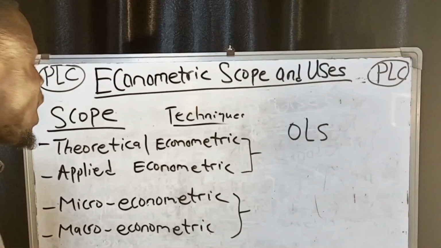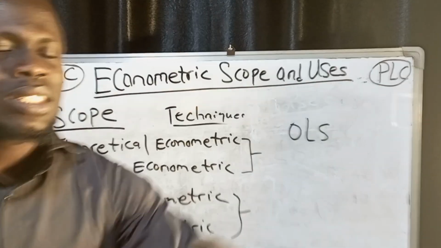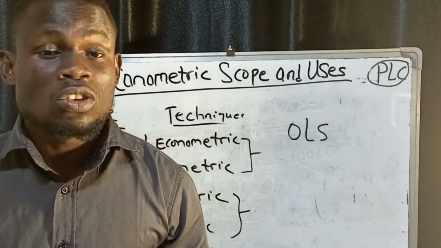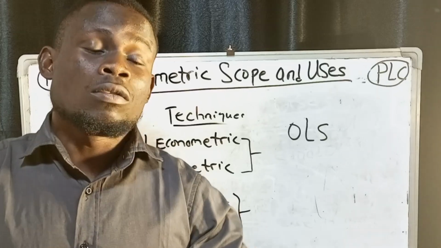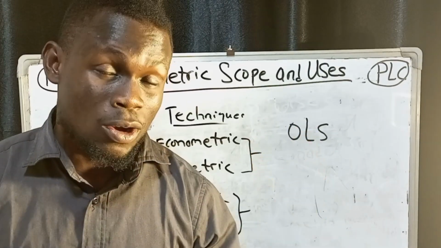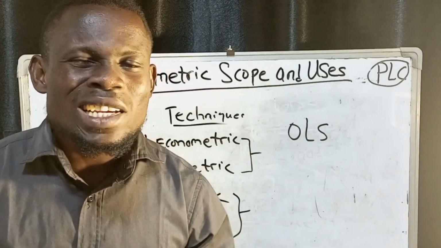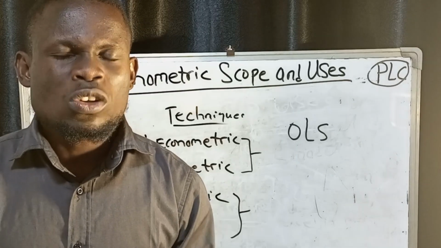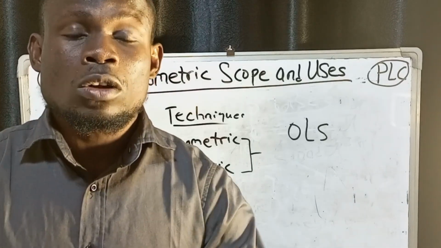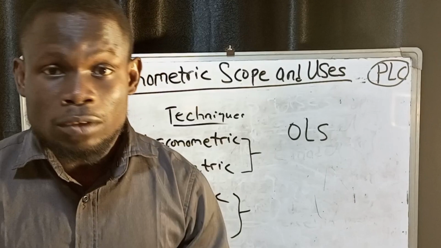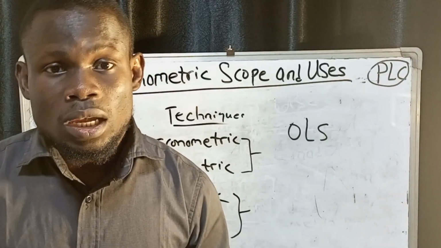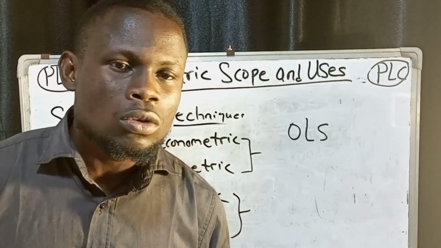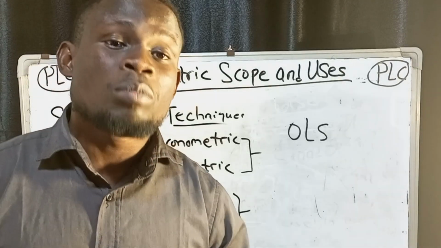Then we have the other one, macroeconometrics. In the study of macroeconomics, we study aggregate economic variables, studying the entire economy, and problems like unemployment, inflation rate or price instability, economic growth and development, and the problem of balance of payments.